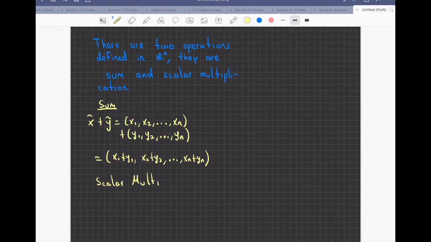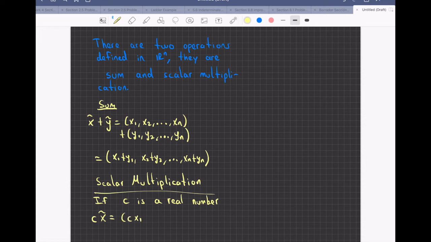If C is a real number, then you multiply C times a vector, and this only multiplies each component by C.